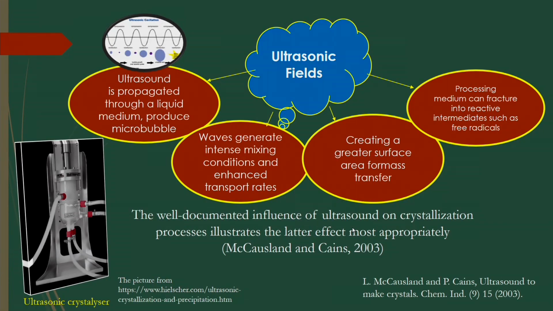There are several other methods also available, like Venturi, and even high pressure gyration systems, to produce micron size bubbles. The ultrasonic field is also important, but high energy is consumed for this generation of microbubbles. Also, waves generate intense mixing conditions and enhance the transport rates.